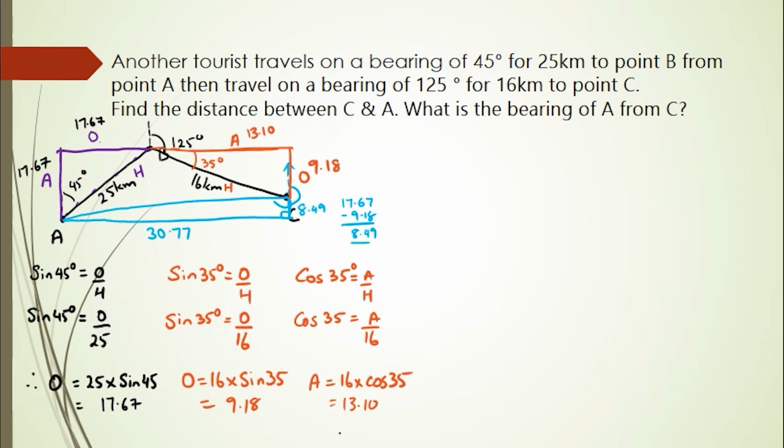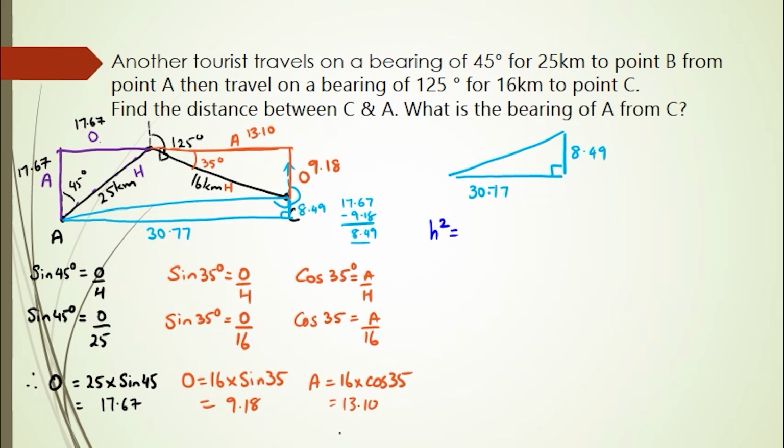So now, folks, I have the little triangle that I need to be working with, because I have a right angle triangle where this is 30.77 and this is 8.49. So using Pythagoras, I work out 30.77 squared. So this is, let me just write it up.